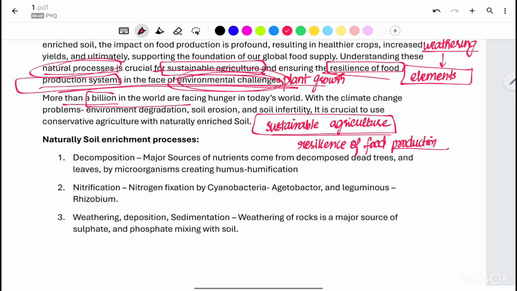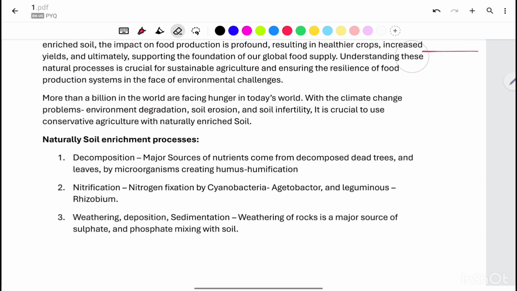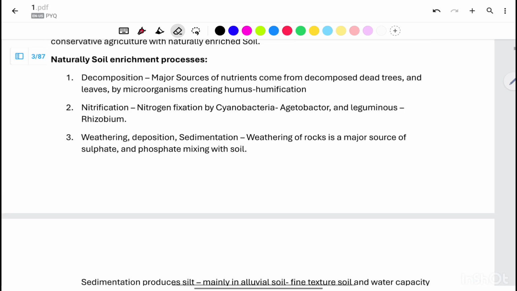The food production must be resilient. More than a billion people in the world are facing hunger. Climate change is causing environmental degradation, soil erosion, and soil infertility. It is crucial to conserve agriculture with naturally enriched soil.